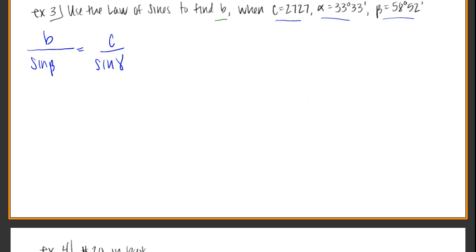Well, I don't know gamma. All I know is alpha and beta. So let's think, how can I get gamma if I know only alpha and beta? Well, we know that all three interior angles of a triangle have to add up to 180, so we can say alpha plus beta plus gamma has to be 180 degrees.